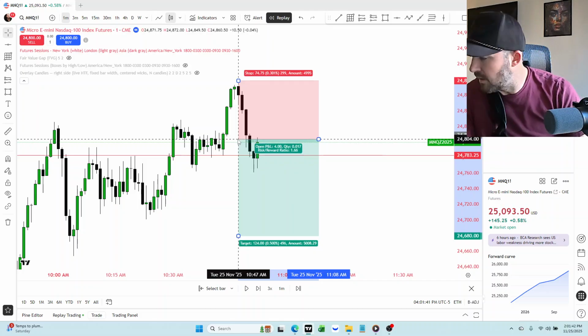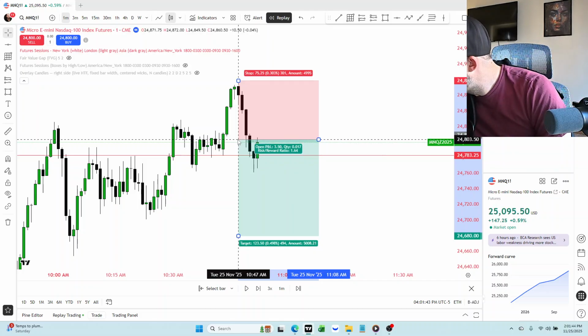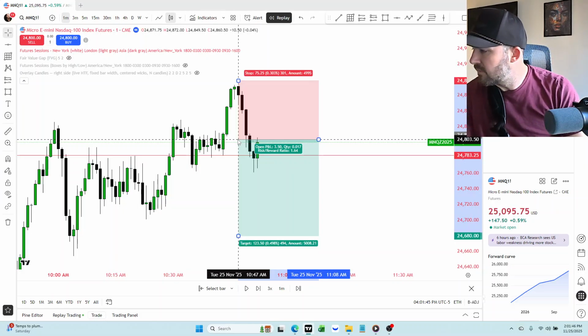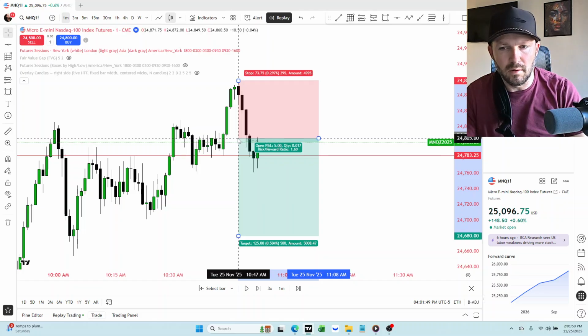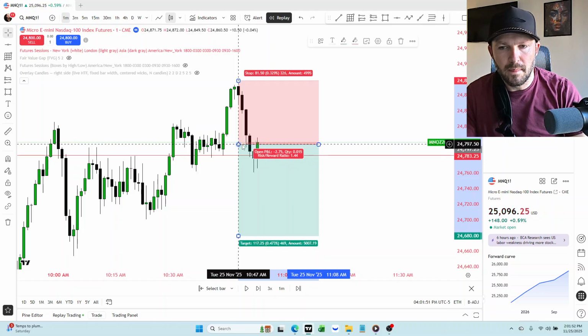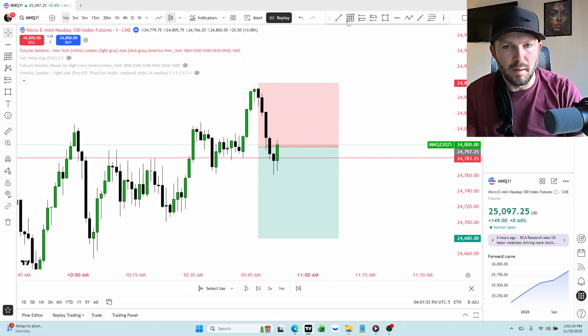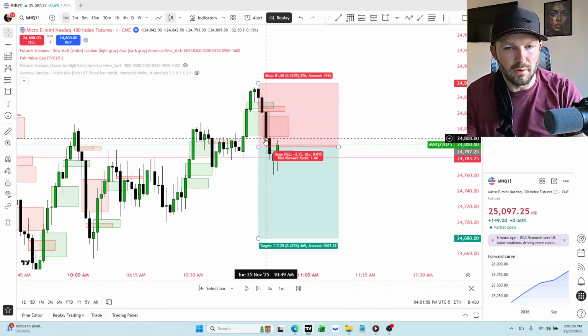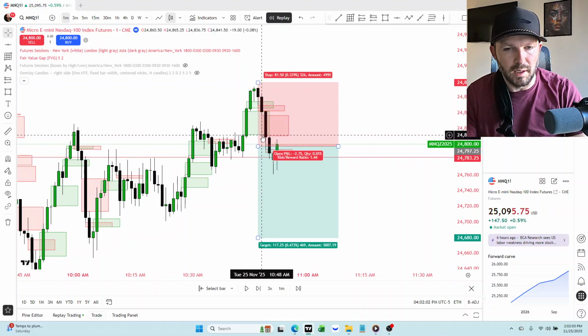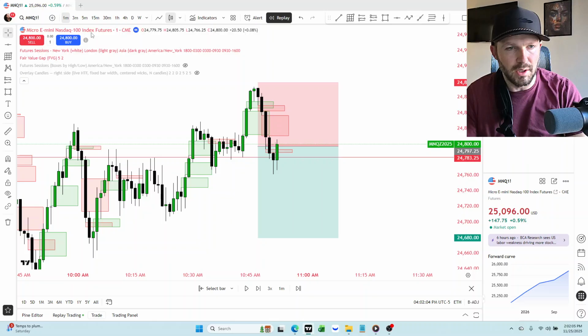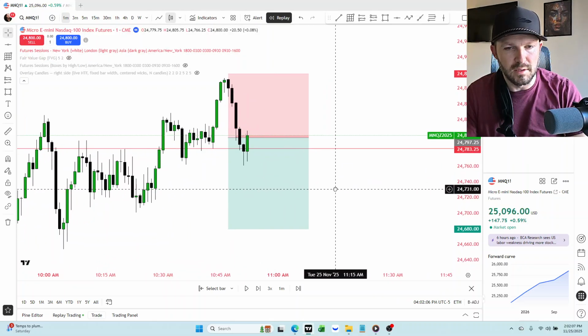Where did I enter? 24,706... 24,797. Okay, right here. And I believe I entered here because, yeah, we inverse this gap. So after we inverse these bullish fair value gaps, this is where I entered on the second trade.